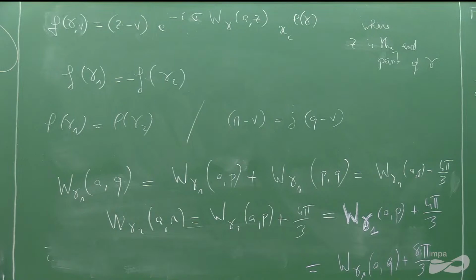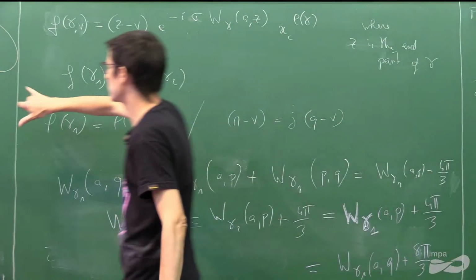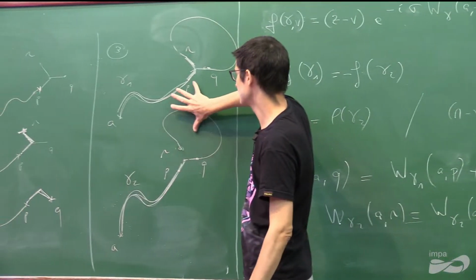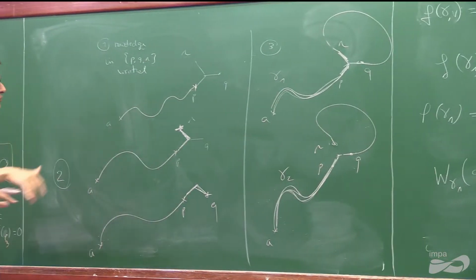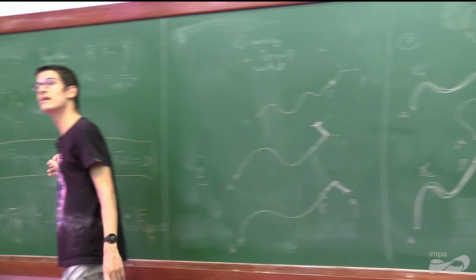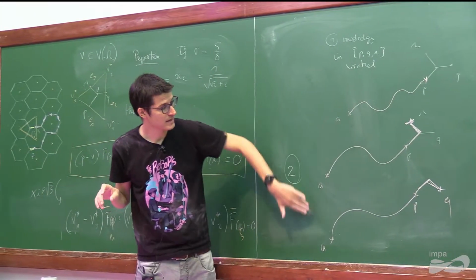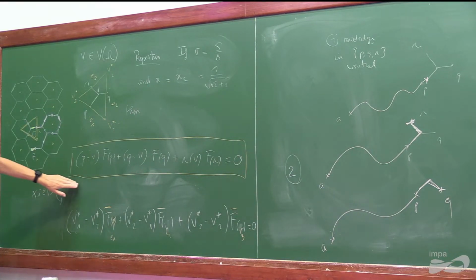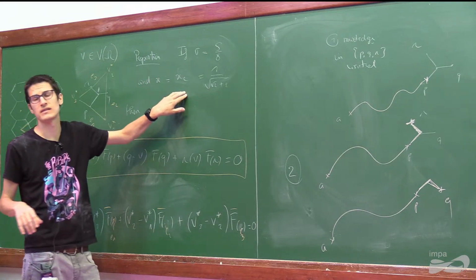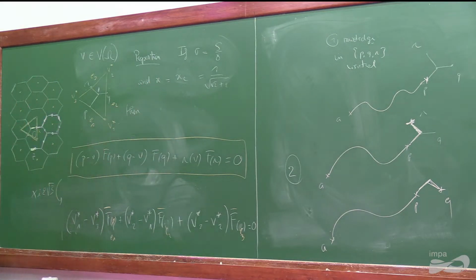Okay, so basically this pairing between paths kind of forces a unique value of sigma for this to be valid. And this second thing here will force the value of x. So this is the reason why this result is valid only for this value of sigma and this value of x.